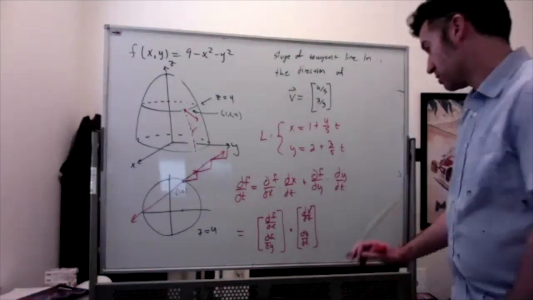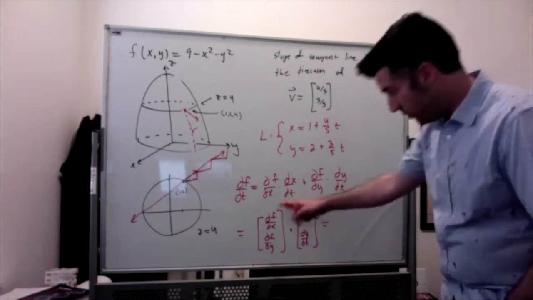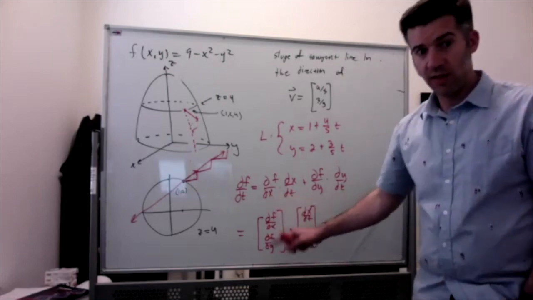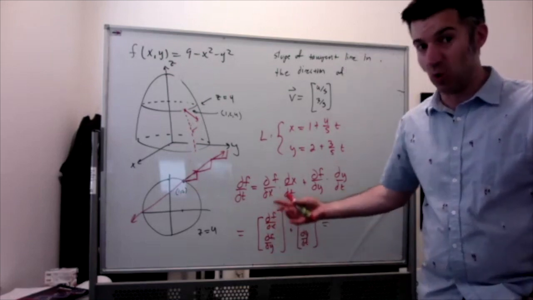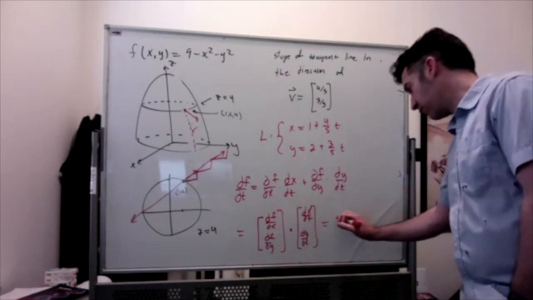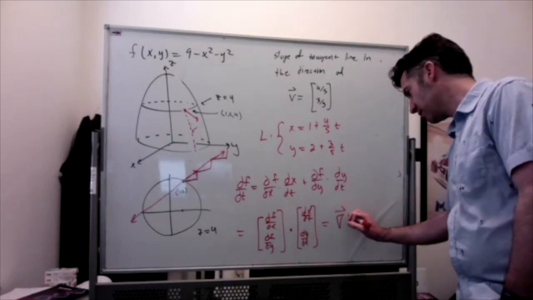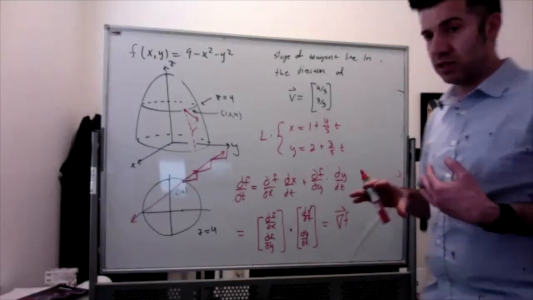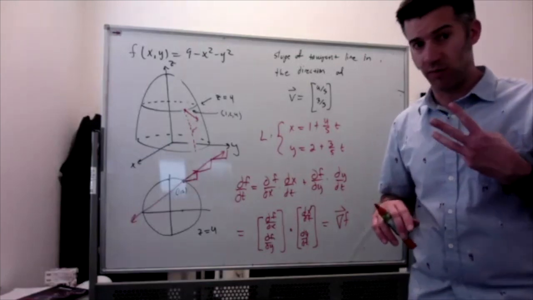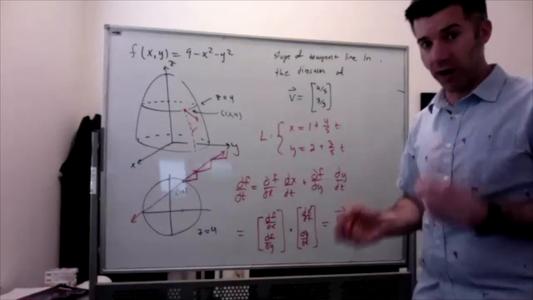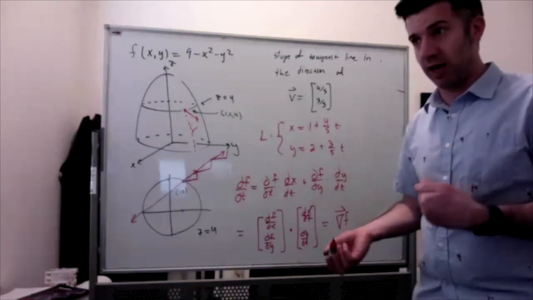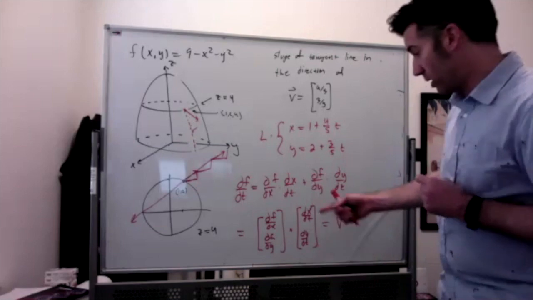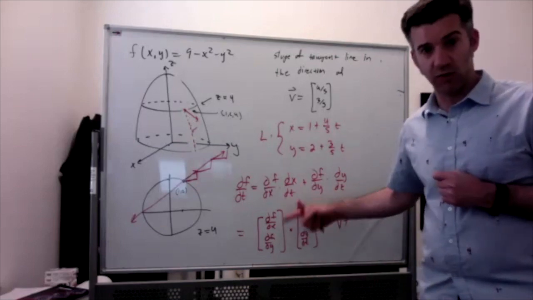All right, so here's what this is. This vector here, the vector of partial derivatives in order, is called the gradient of f. And we use that for a vector of 2 or 3 or more components. The gradient of a function f is the vector where each component is the next partial derivative.